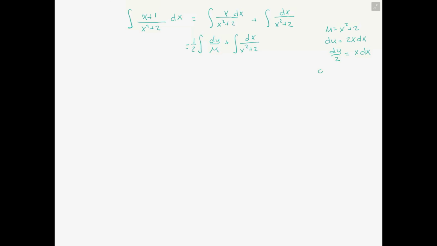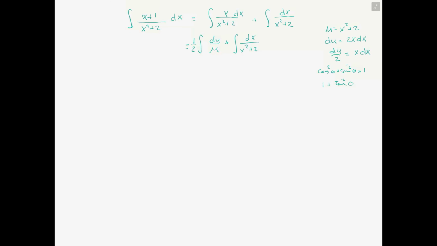And then on this one, the second integral, we will need a trigonometric substitution. So let's try. This is where it gets tricky. We have to kind of use an educated guess.